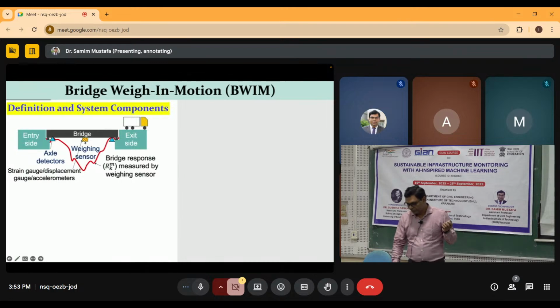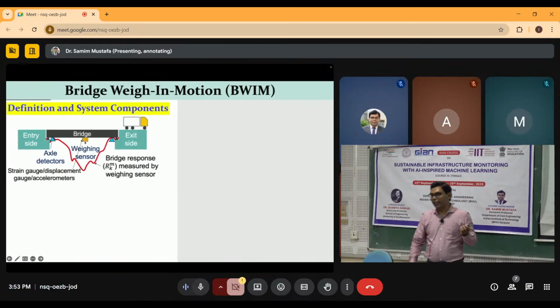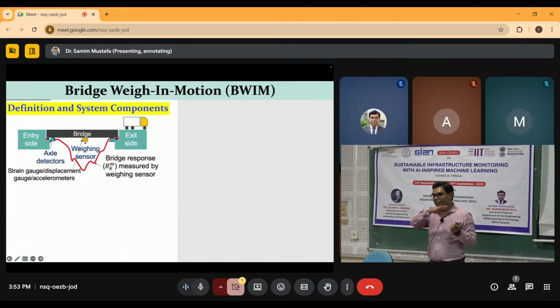In civil engineering, you must have gone through the influence line, the bridge influence line. That gives you the response of the bridge per unit weight of the moving load. This vehicle could be considered as a moving load. Each vehicle carries some constant static load; the only thing is that the point of application is moving.